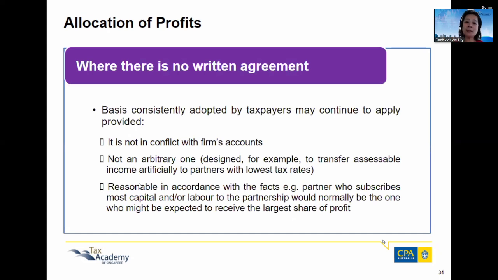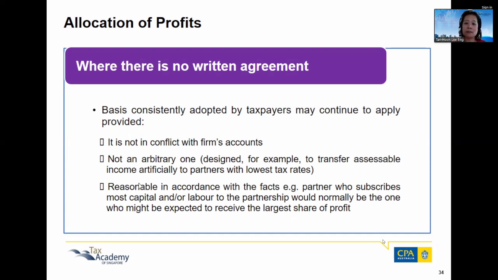What happens if there's no written agreement? Similarly, we need to allocate to the partners. So it's based on what is consistently adopted, every year, and agreed, even without a written agreement, and some reasonableness.